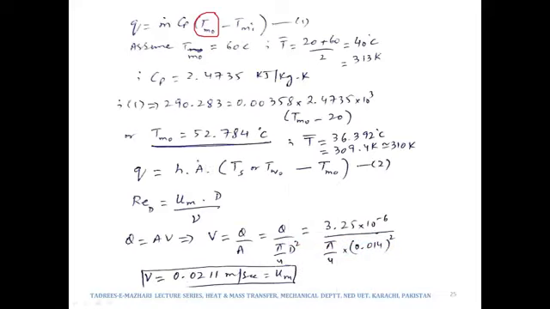We have to somehow find out h, and of course h would be found out with the help of one of the expressions of Nusselt number. Since the expressions of Nusselt number involve the use of Reynolds number and Prandtl number, and it also depends upon the type of the flow, its selection, we would be finding out the Reynolds number and Prandtl number and viscosity.